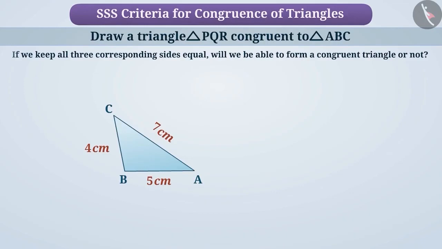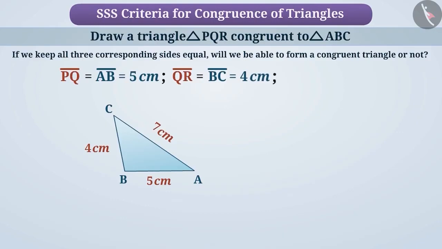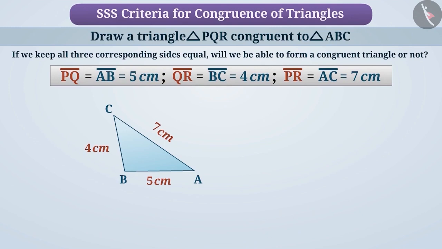Now let's verify if we keep three corresponding sides equal, will we get triangle PQR congruent to triangle ABC or not? To draw triangle PQR, we have PQ is equal to AB is equal to 5 cm, QR is equal to BC is equal to 4 cm and PR is equal to AC is equal to 7 cm.